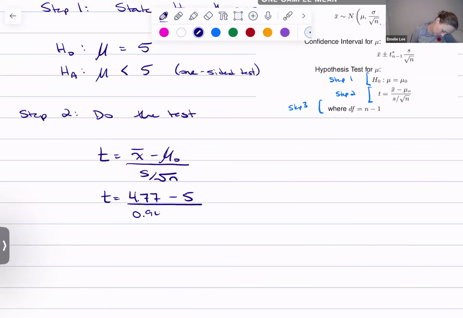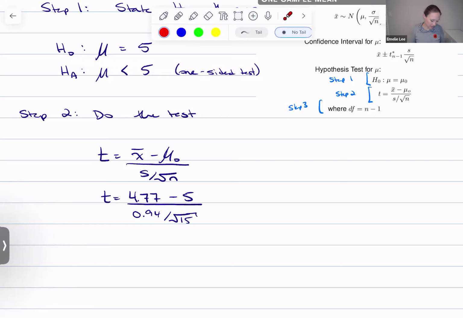So 0.94 divided by the root of 15. Okay. You'll want to be really careful here with how you do your calculations, right? And so I'm going to first calculate the standard error, simplify that. But if you want to just go through, that's fine, as long as you end up with the same answer as I do. Okay.